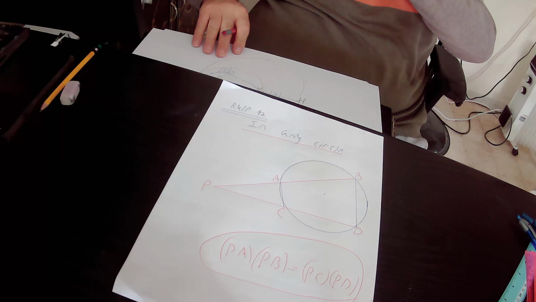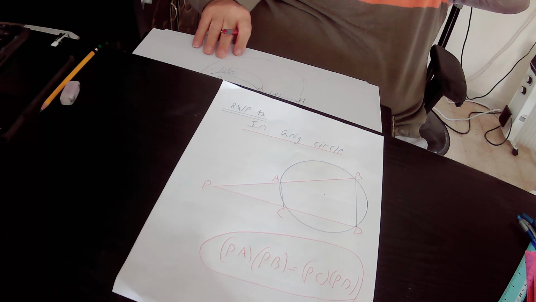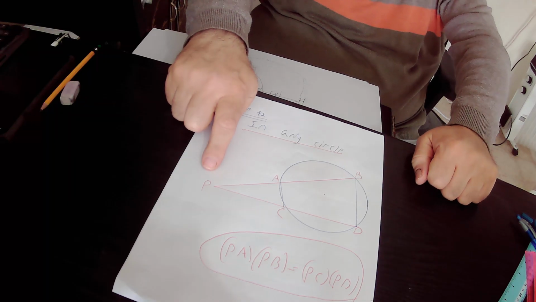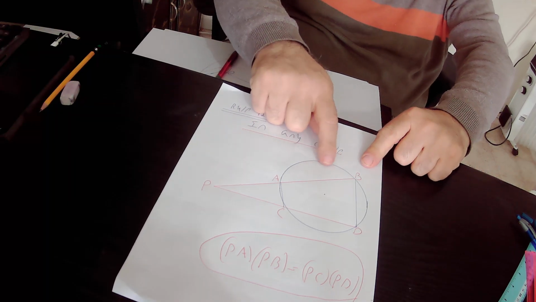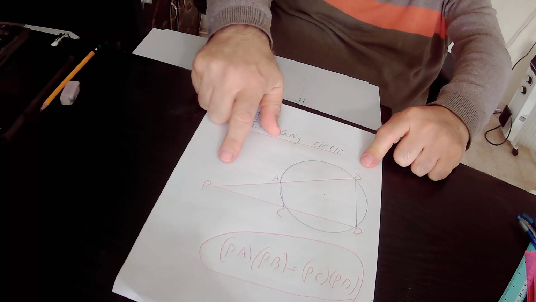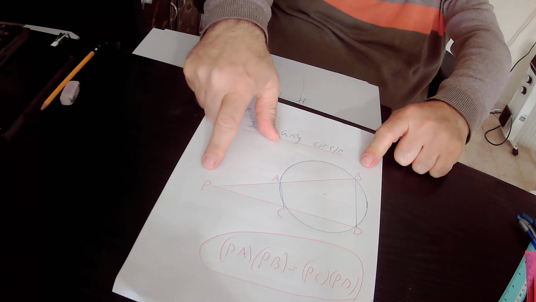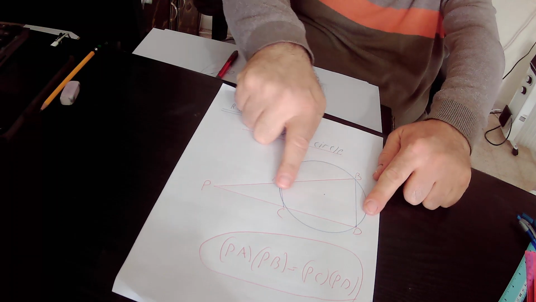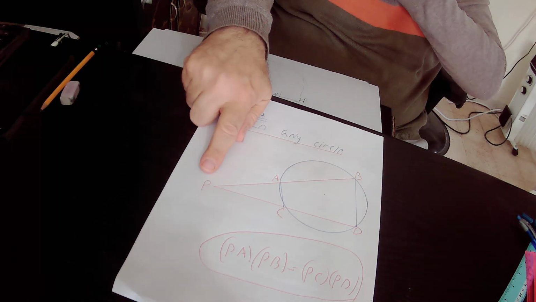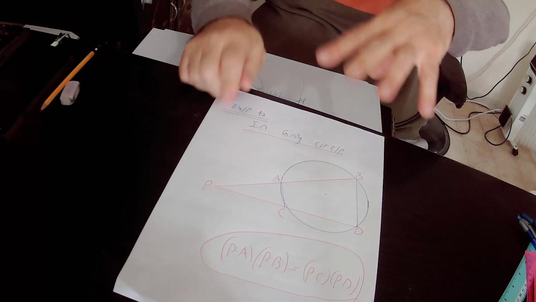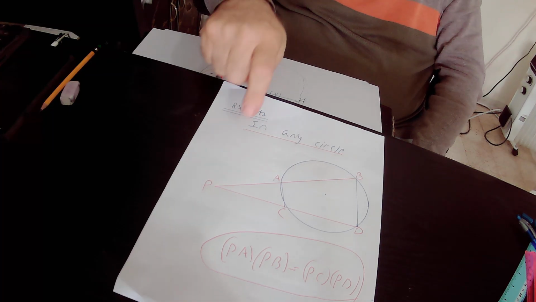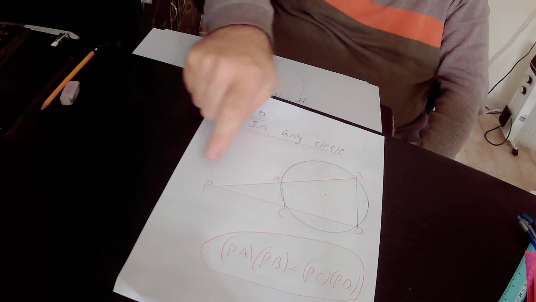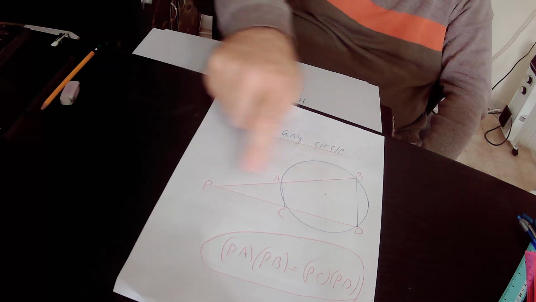So in any circle, if we have the common external point P, and we have chord AB, the extended chord AB touches the common external point P here, and the extended chord CD also touches the common external point P. So in this drawing, the following equation will be true: PA times PB equals PC times PD.